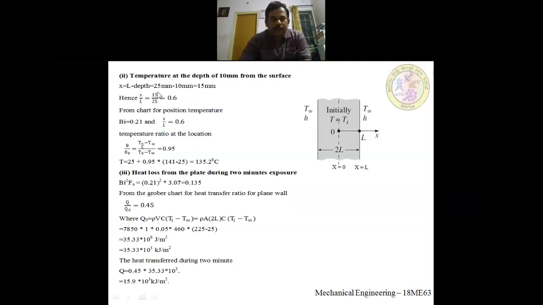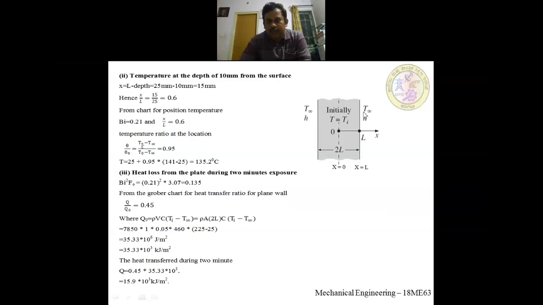So x will be equal to L minus depth. That means half of the thickness, 25 minus 10.